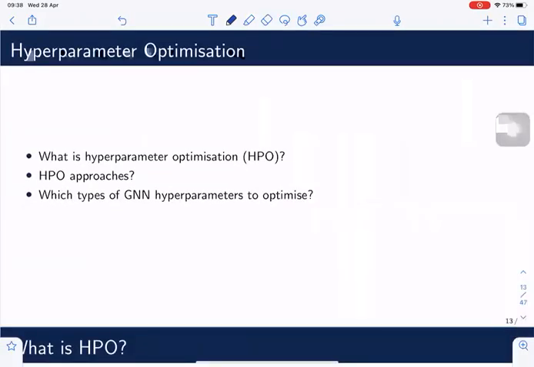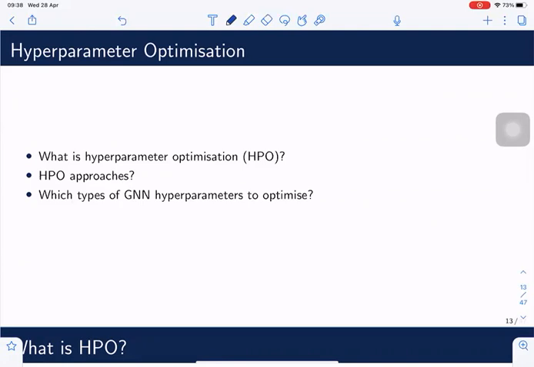Okay, the next part is called Hyperparameter Optimization, HPO. We will use 3 questions to cover this part. The first question is what hyperparameter optimization is. In the second question, we will introduce some hyperparameter optimization approaches.